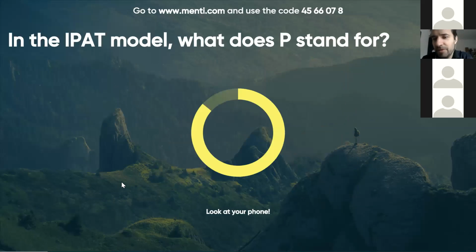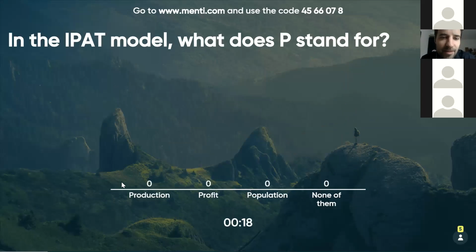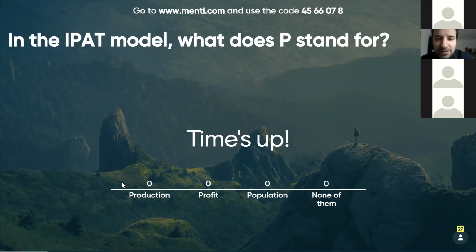Okay, so maybe Yangshu, we start with the first question. In the IPAT model, what does P stand for? Production, profit, population, none of them. This was the model that we showed from the 1970s. It was probably the first model that really described environmental impact in a numeric way. We had it in one of the slides.